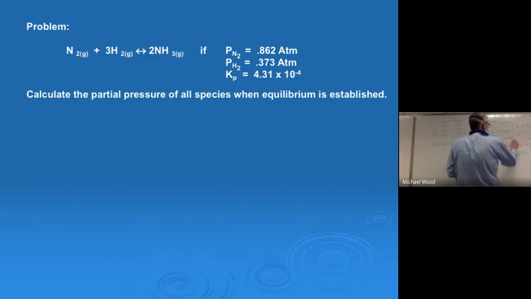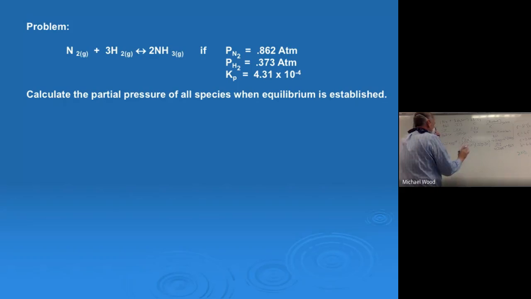Again, it is far greater than 100, which means I ignore the X's of the reactants. So this is going to make this a little bit easier. I got 4.31 times 10 to the negative 4 equals 2x squared. I'm not going to ignore the X of the product, but I am going to ignore these X's.